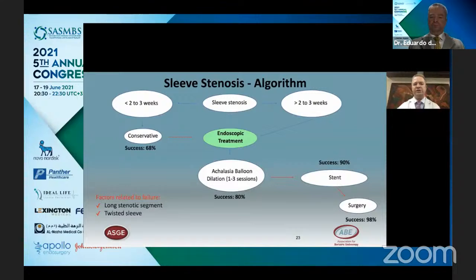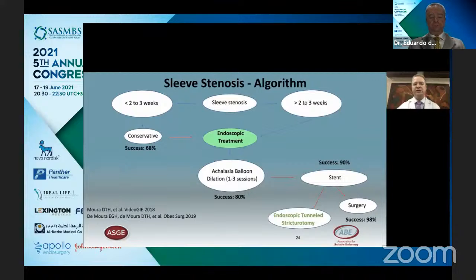Many colleagues indicate the surgical approach when balloon dilatation and stent fail. We do not agree with this sequence of approach. We are convinced that at this point, we should assess the anatomy of the stenotic segment and whether there is a twisted sleeve.